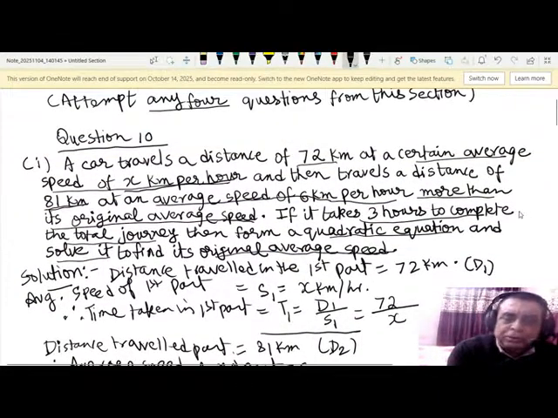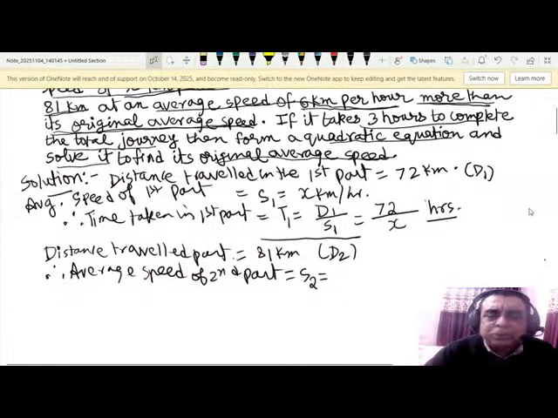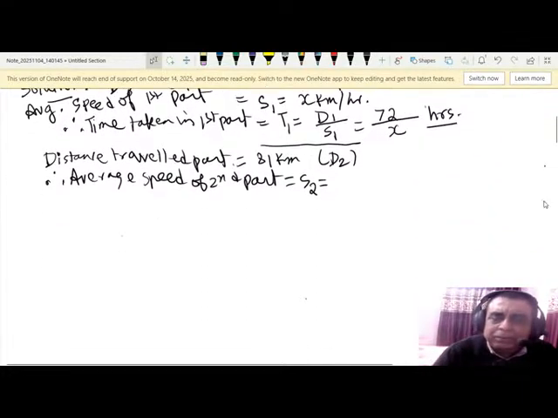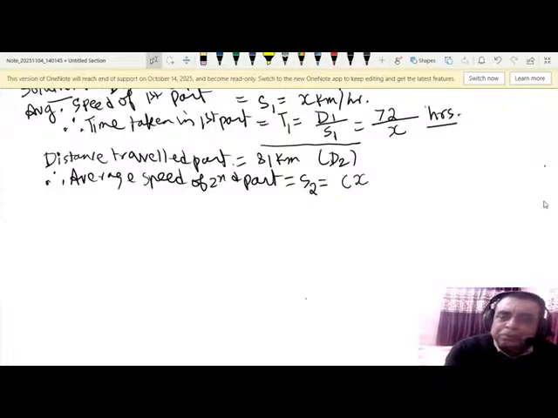It is told to us that the average speed of the second part is 6 kilometer per hour more than its original average speed, that is the average speed of the first part. Original speed was x, it is 6 more than that, that is x plus 6 kilometers per hour.